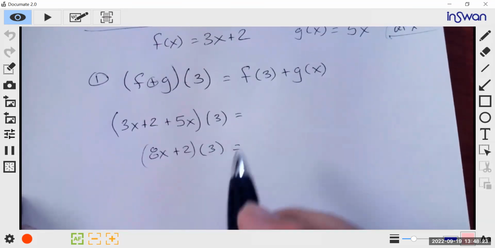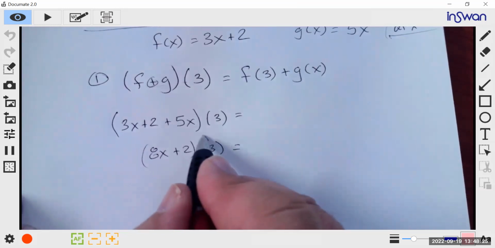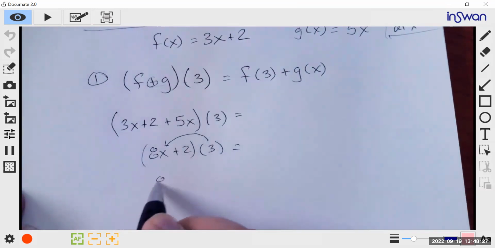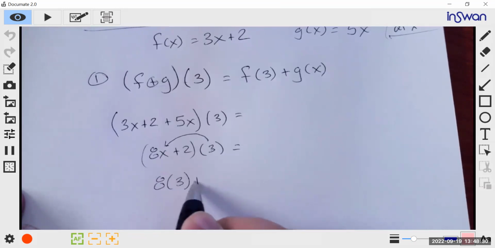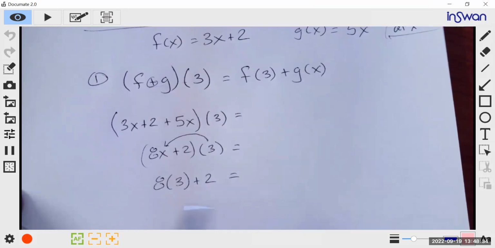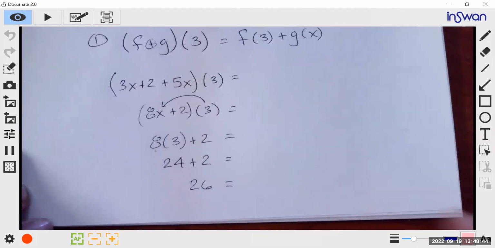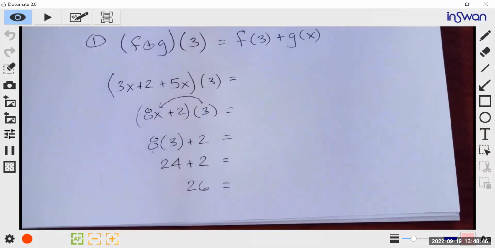Now x is what? X is 3. So wherever I see an x, I put a 3. Eight times 3 is 24. 24 plus 2 is 26. That's what the first one says.